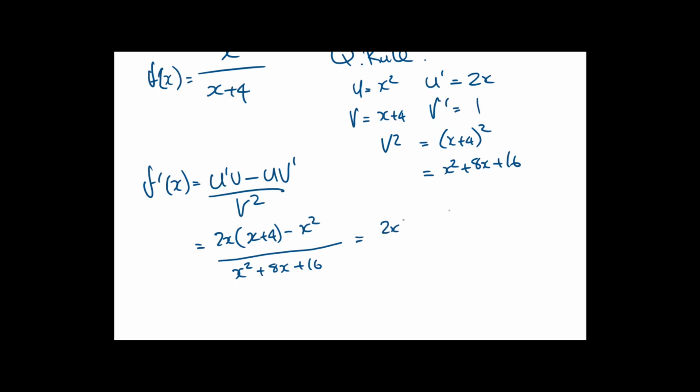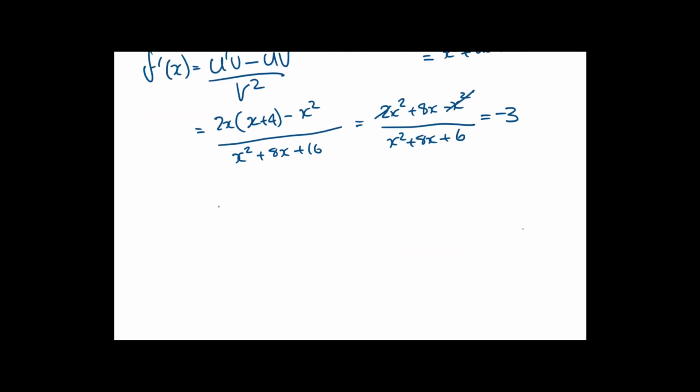So 2x squared, okay, we're going to cancel a little bit. Plus 8x minus x squared, so we're going to lose that. Over this thing here. Don't think we can simplify this anymore, but we want to find where that equals -3. So I'm just going to copy that down a bit. Let's go about finding that.